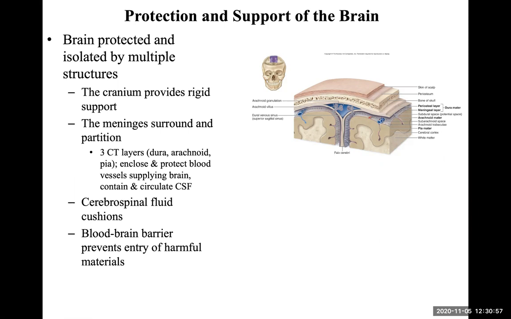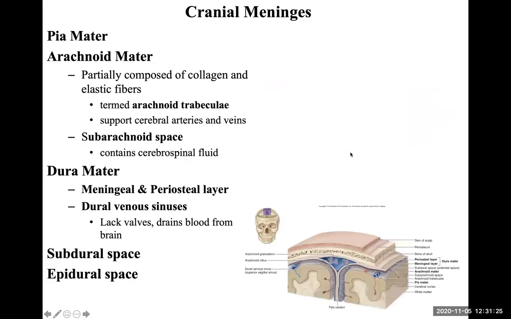And then the innermost layer is what we call the pia mater, and the pia mater is essentially invisible to the naked eye. And that's because it's so thin and delicate. It clings to the surface of the brain, and it follows the convolutions. And so you can see in this picture here, this would be the pia mater, again, following the convolutions of the cerebrum.